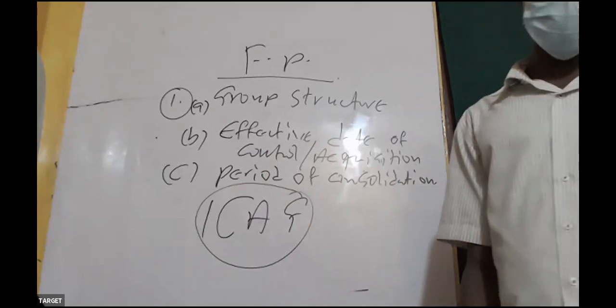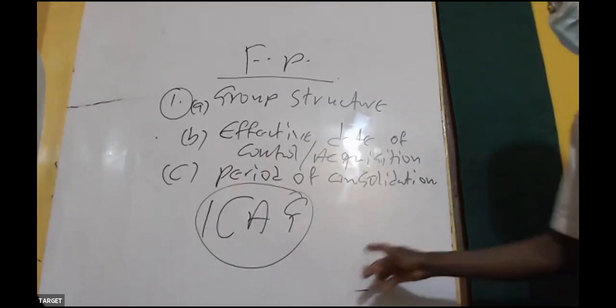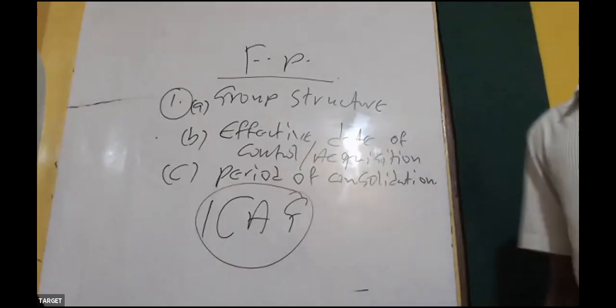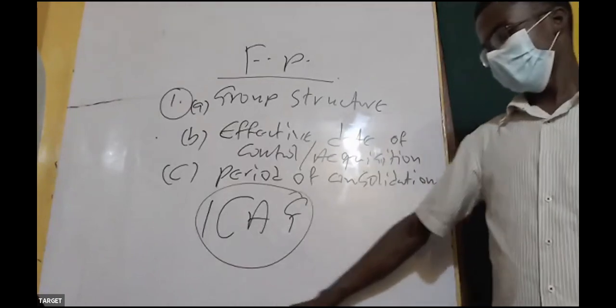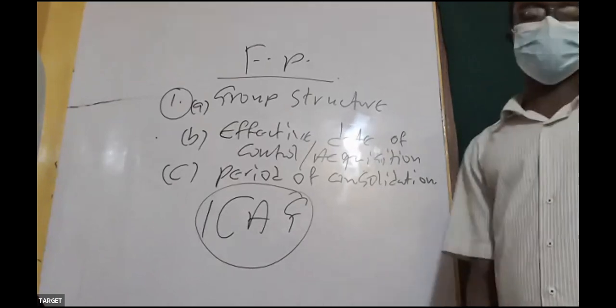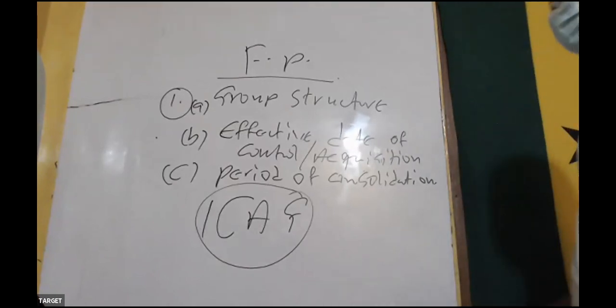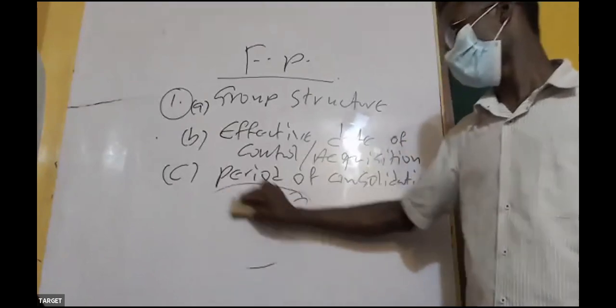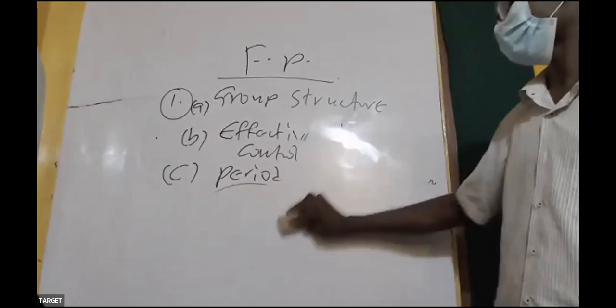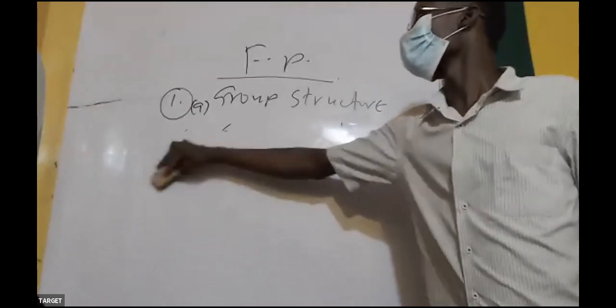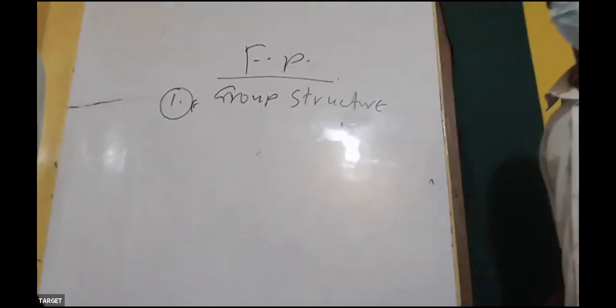So in the subsequent questions, I will come to the ACCA method, or the one that is widely used by the ACCA. So today, let's use the ICA Ghana method. Yes. Good. Now, let's go to the next one.